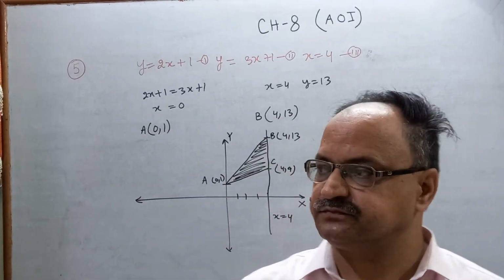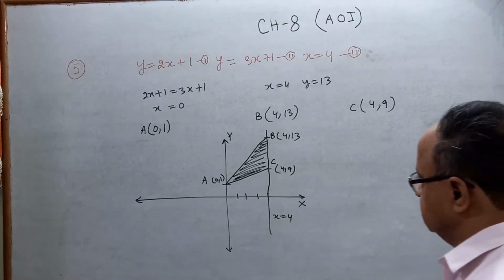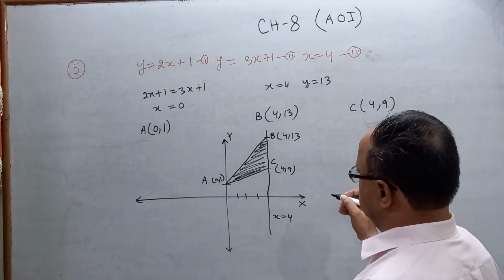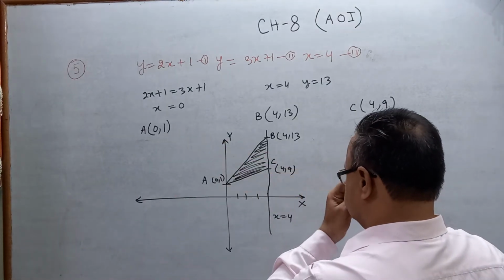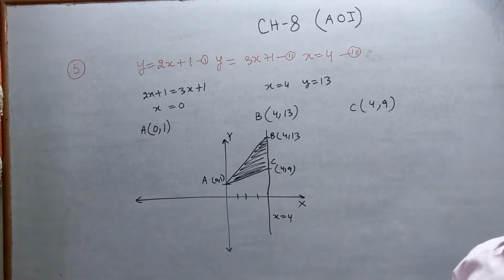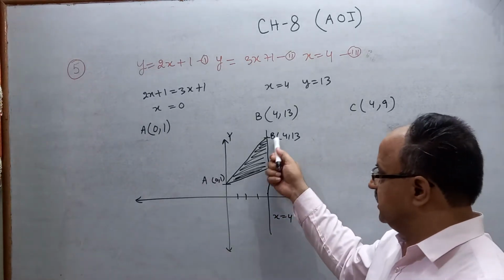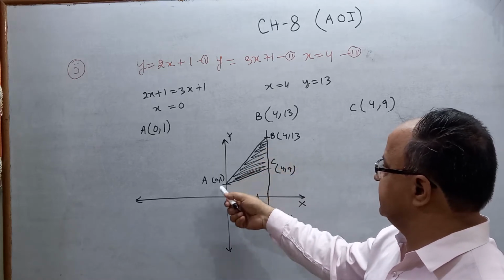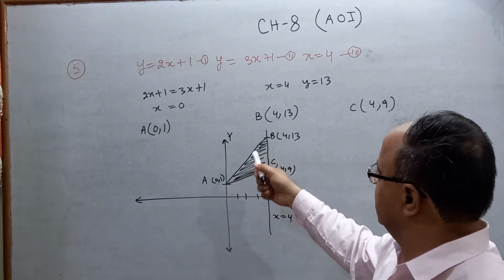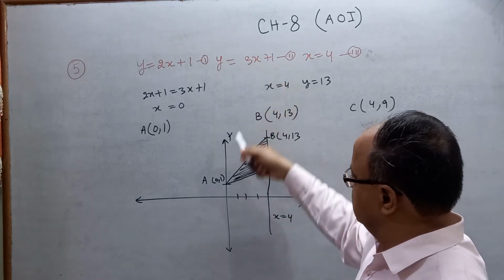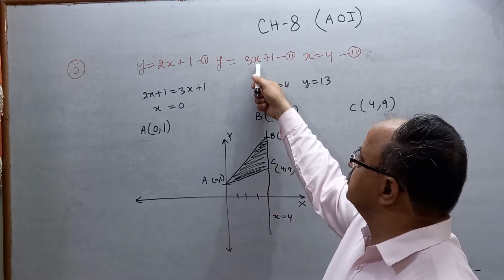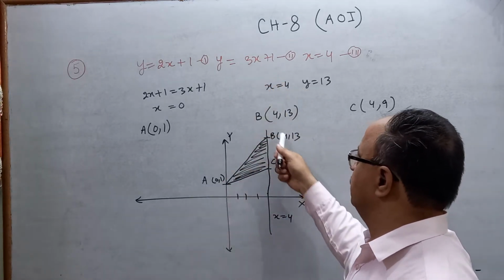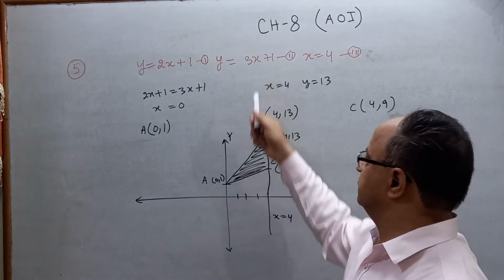For this triangle, firstly you have to decide the equation of AB, the equation which satisfies both points. When you put 0, 1, it is satisfied. When you put 4, 4 times 3 is 12, plus 1, satisfied.